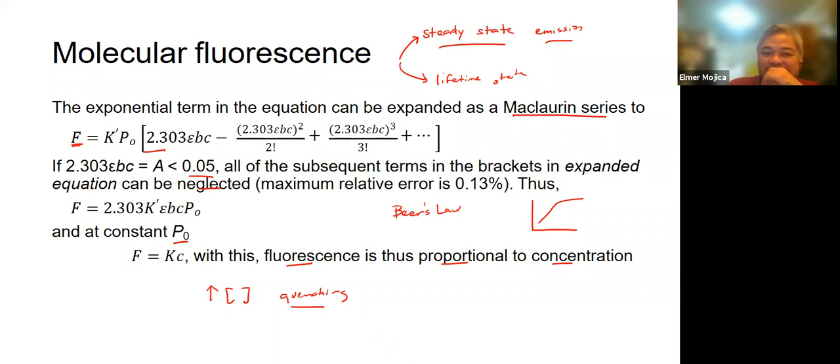So yung quenching, if you're going to look at it in terms of fluorescence, that's just any process that decreases the fluorescence intensity of a given substance. Okay? And one reason of this quenching ay yung tinatawag nating higher concentration.